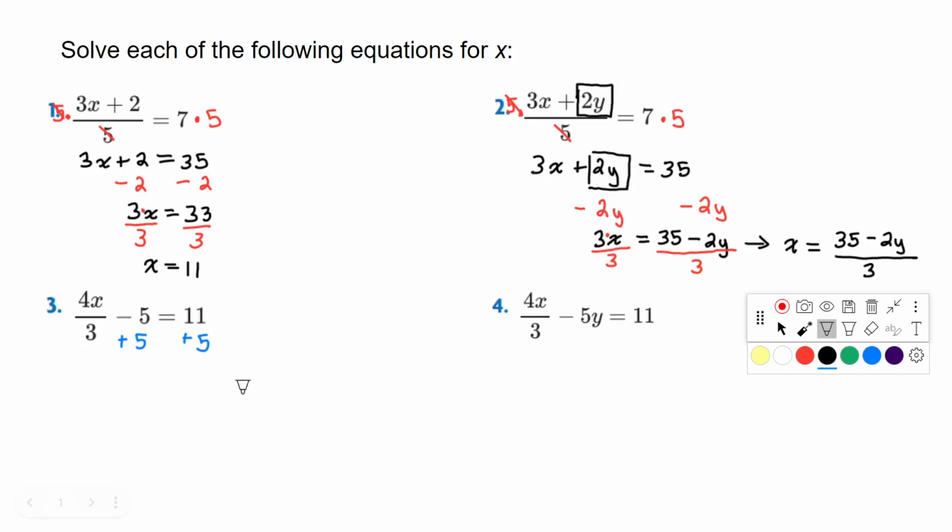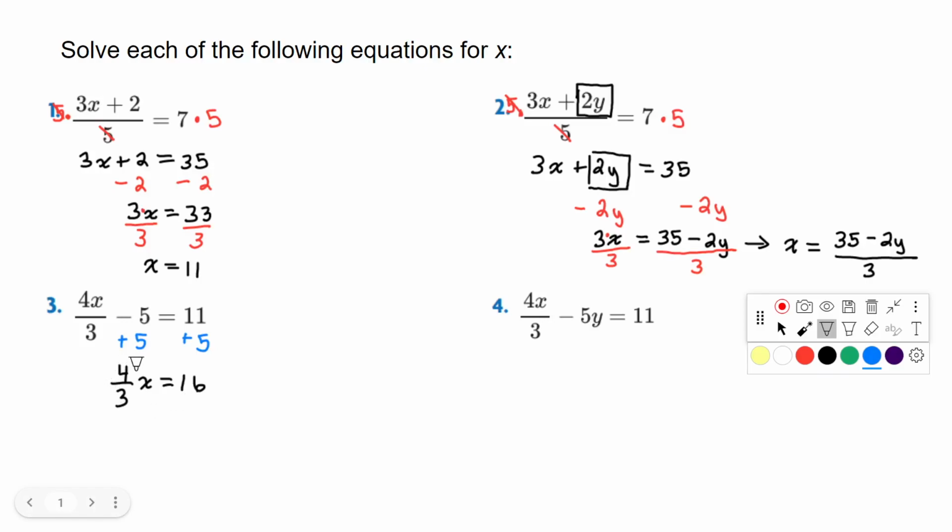I'm also going to write my expression, instead of 4x divided by 3, in its equivalent form of 4/3 x equals 11 plus 5 is 16. The reason I'm going to do this is I'm going to save myself a step in the process.